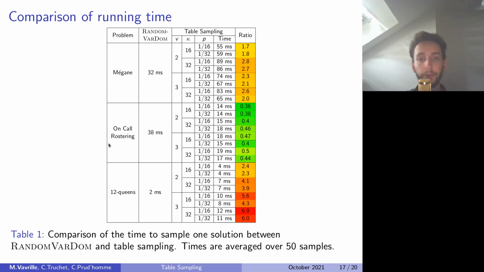But if we use random random, you erase this search strategy and you just search at random. And the problem on on-call rostering is that you will often fail if you search at random because there are very few solutions. So random random makes a lot of mistakes, and that's why we perform better on this problem.